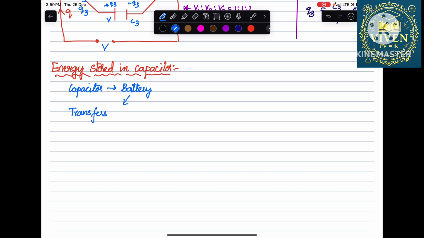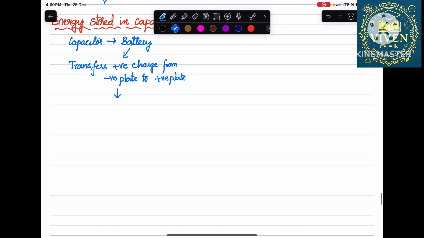This battery transfers positive charge from which plate to other plate? Negative plate to positive plate. To move this, some work is done.